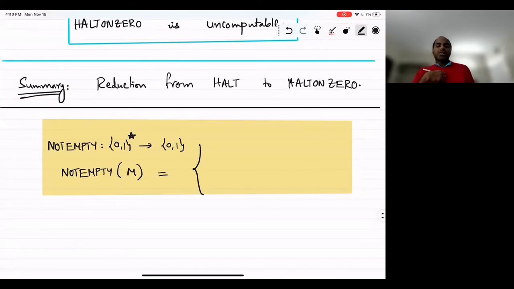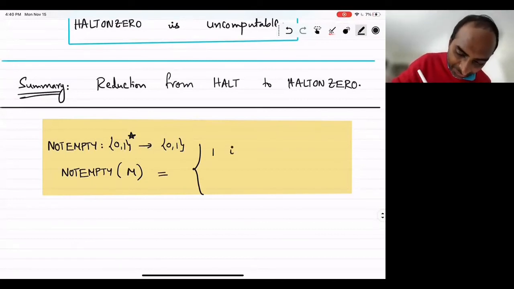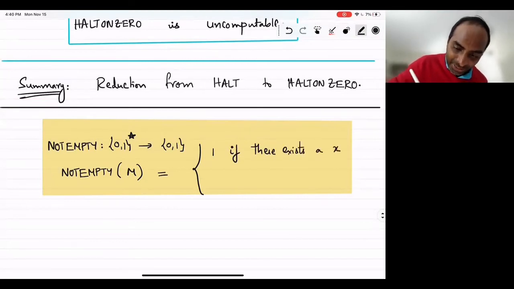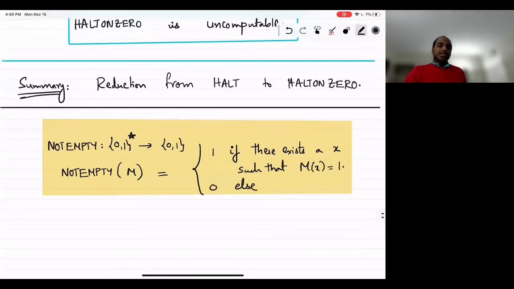And essentially, we want to check whether or not there is some input which would make the program accept, meaning the program would end up outputting 1. So not empty of m is 1 if there exists an x such that m of x equals 1, and is 0 else.